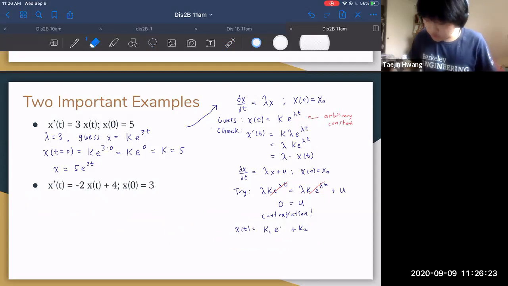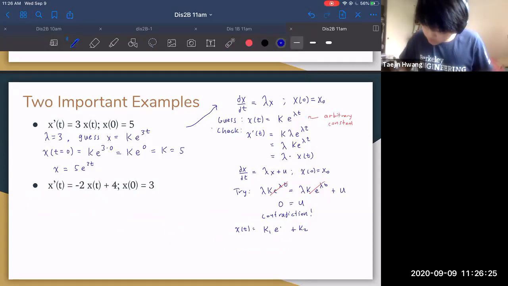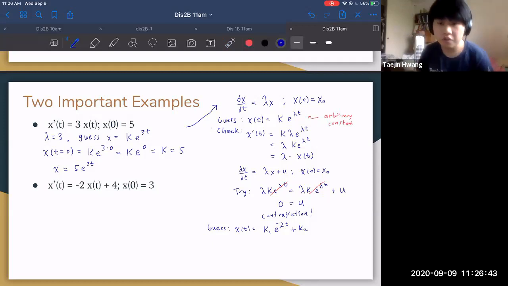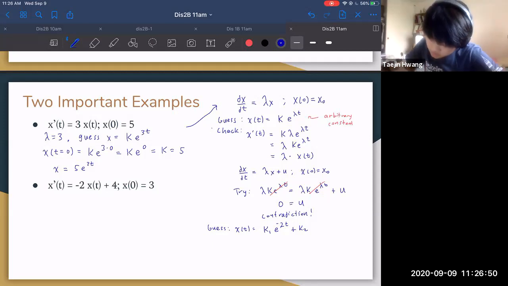Sorry for all the confusion, but we're going to start with the guess x of t is equal to k1 e to the minus 2t plus k2. So k1 and k2 are scalars, and we want to solve for these scalars. It's really going to be similar to solving a system of equations, similar to what you do with Gaussian elimination kind of. So we're going to take the derivative.